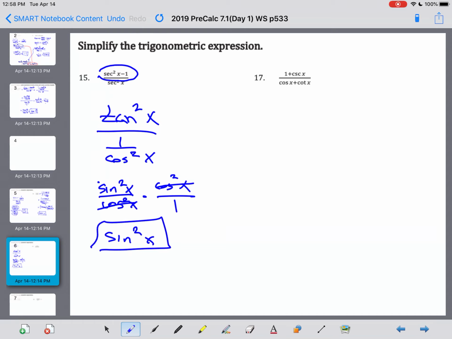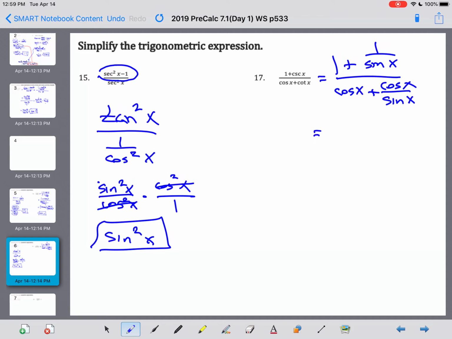17, a little bit more work here in terms of fractions. I get 1 plus 1 over sine x over cosine x plus cosine x over sine x, definition of cotangent.